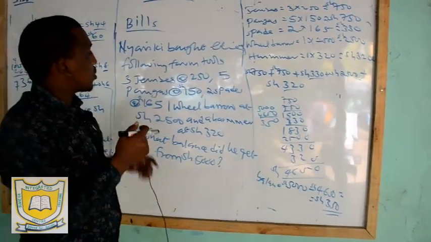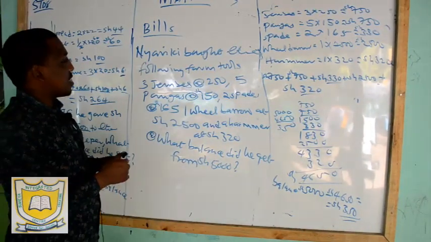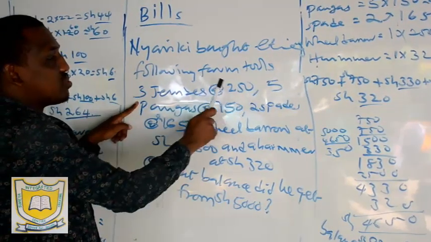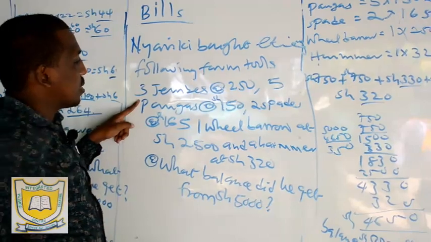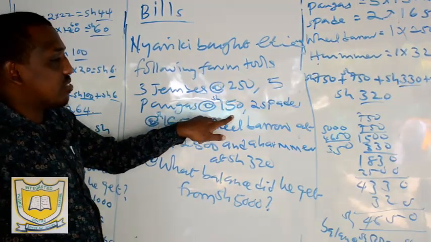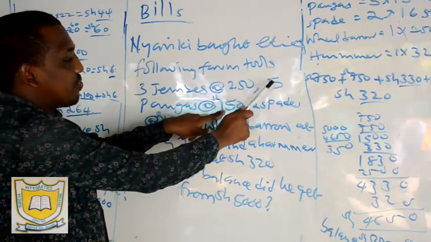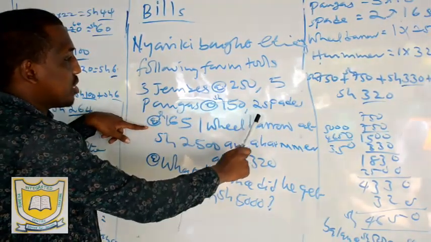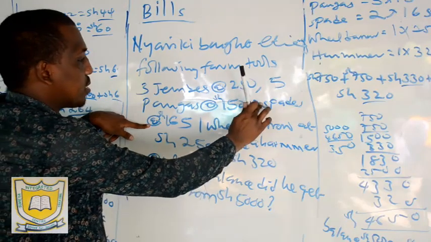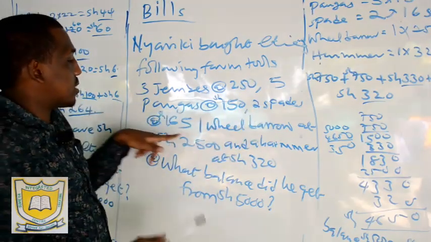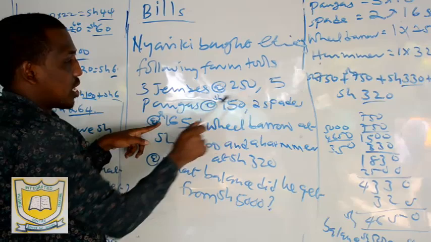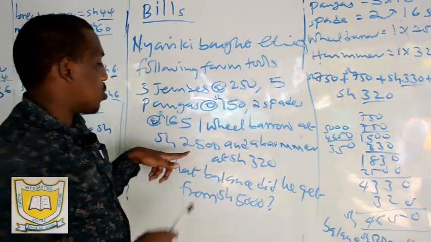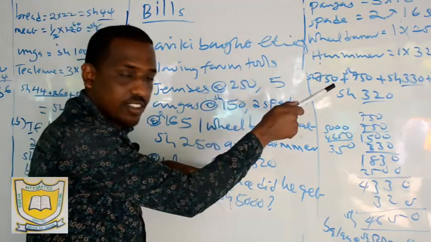Now, you are told he bought the following items: 3 jembes at shillings 250. 3 times 250 is 750. 5 bangas at shillings 150. 150 times 5, you will also get 750. 2 spades at shillings 165. 2 times 165, you will get 330. 1 wheelbarrow, 1 times 2,500 is 2,500.